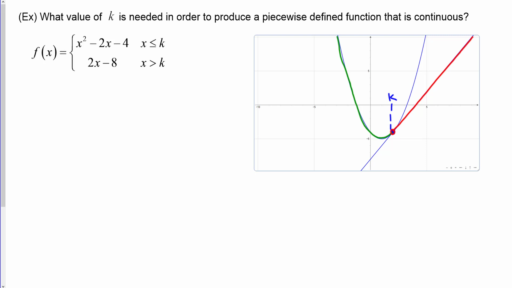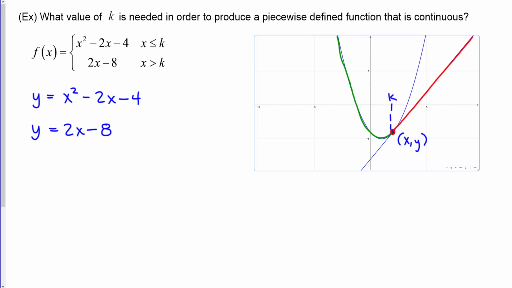The question is, how do I solve for it in this particular case? Well, when you have two functions that intersect one another, it means that their graphs share the same x and y coordinate pair. So the same xy value occurs in both of these. And we know that all the y values from the parabola are described by the function x squared minus 2x minus 4, and all the y values of the line are described by the function 2x minus 8.